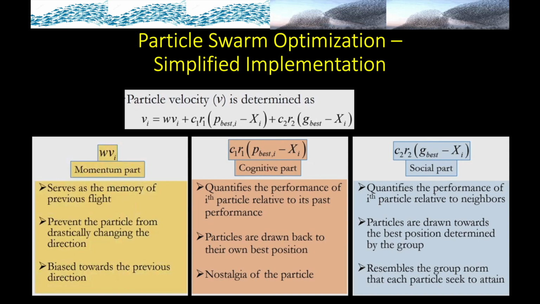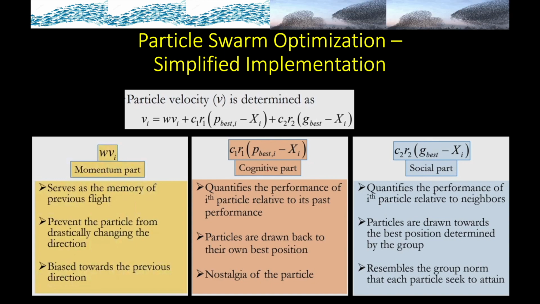Okay, then we move to the second part, which is the cognitive part. The cognitive part is C1 R1 multiplied by the personal best for the ith particle minus the previous position of the ith particle. This term is called the cognitive part, and it quantifies the performance of the ith particle relative to its own past performance.